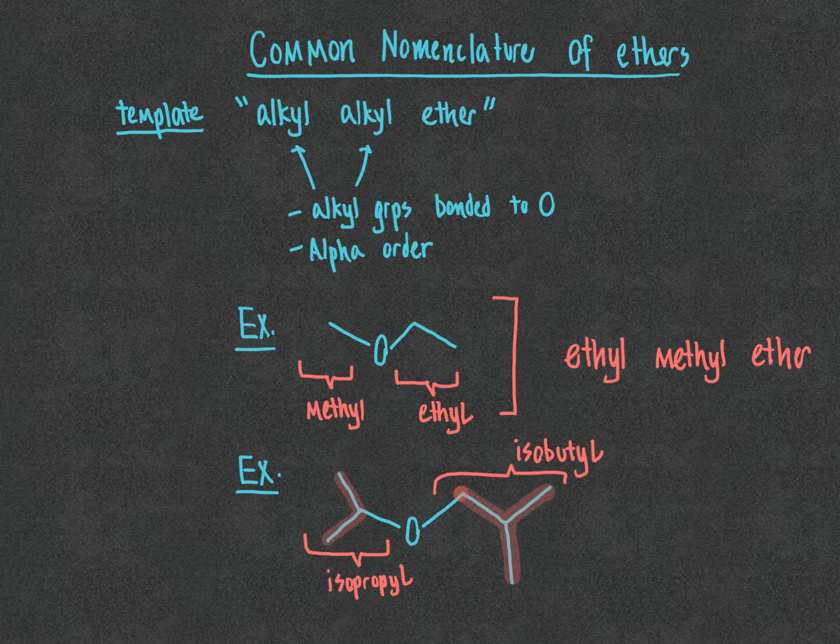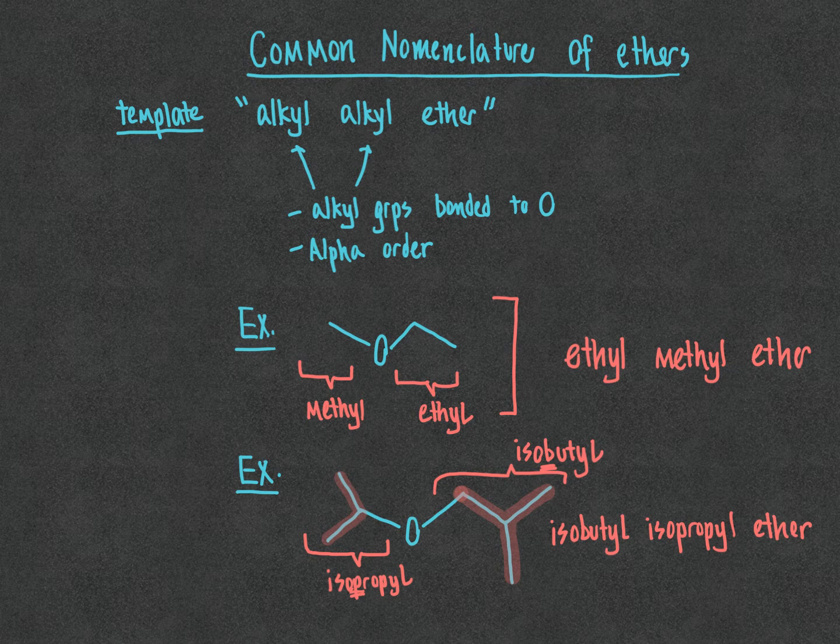So isobutyl is the term that we'd use to name that. Putting these in alphabetical order, isobutyl versus isopropyl. B comes first in the alphabet before P, and so we would have the proper common name for this as isobutyl isopropyl ether, as 3 separate words to determine the full name for this structure.